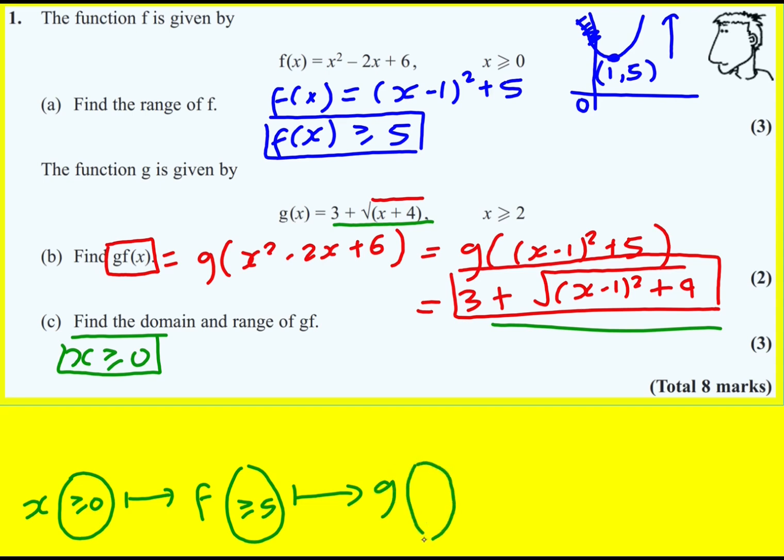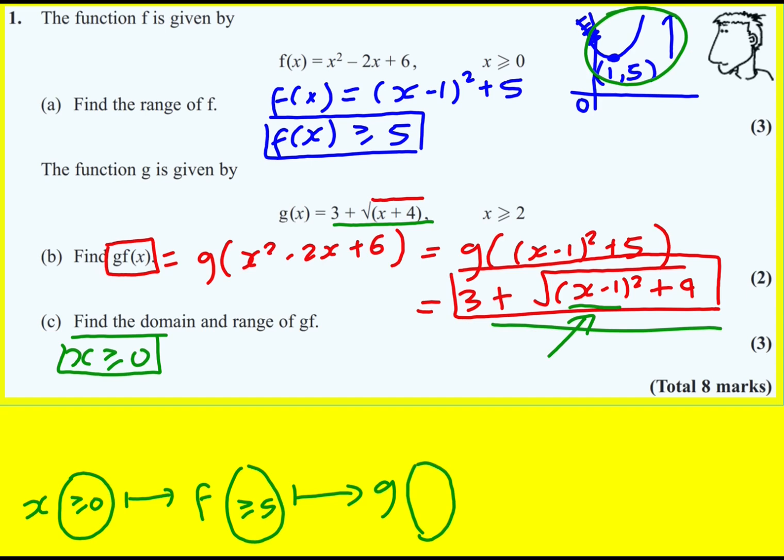And then out of this we're going to get some sort of range. So we can now still focus on this function here, and have a look at the function and think what the minimum value is. Because it's still a quadratic, and we've got x is greater or equal to 0, this part is still going to look a bit like this.